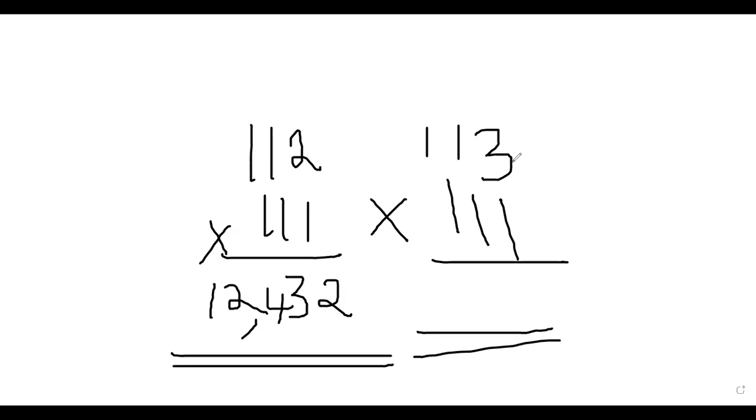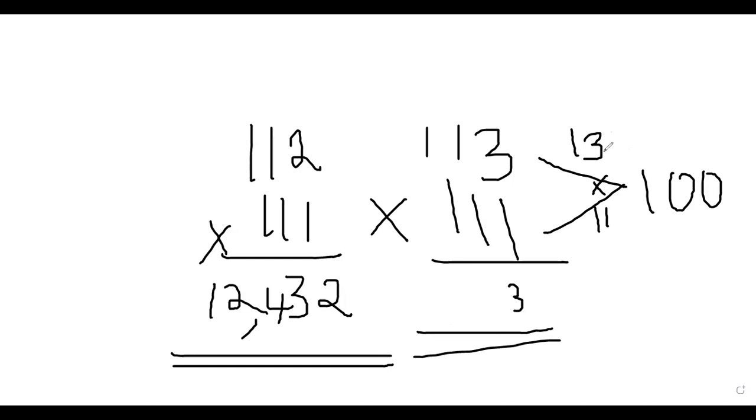It's very simple, right? The difference between 100 and 113 will be 13. The difference between 111 and 100 will be 11. Now we have to multiply these two differences together and write the answer as a 2-digit number over here. So that will be 3. 3 plus 1, that will be 4.